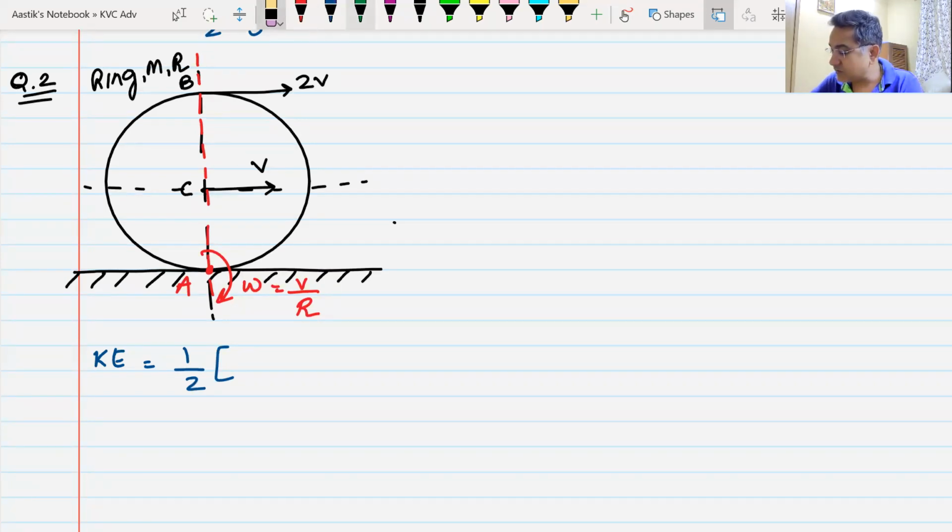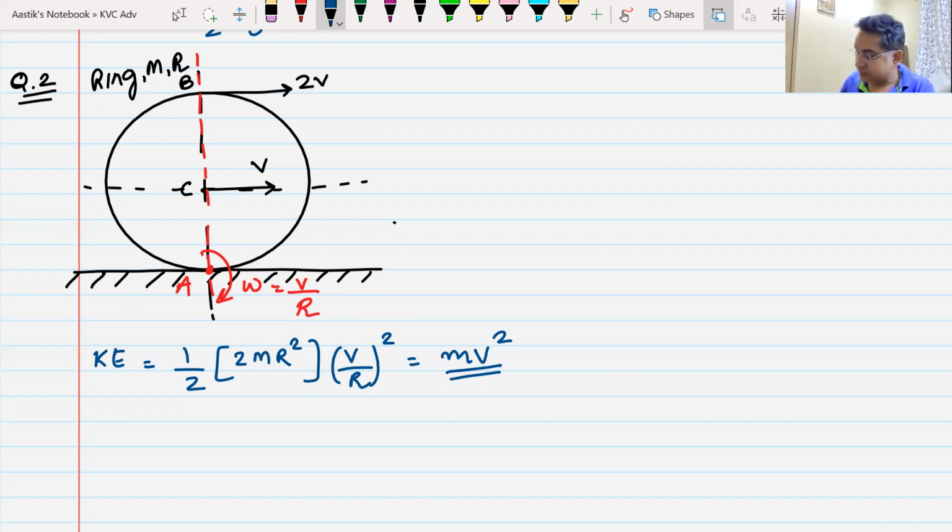It's not 3 mr square, it's 2 mr square. 2 mr square into omega square, with omega as V by R, so it becomes mv square. Yes or no? Do we get this? This is a ring. Yes, sir.